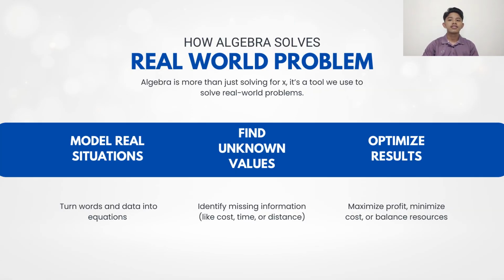So, how exactly does algebra solve our real-world problem? Algebra is more than just solving for x. It is a tool that we use to solve real-world problems. Firstly, algebra helps us model real-world situations by turning real-life data or descriptions into mathematical equations.